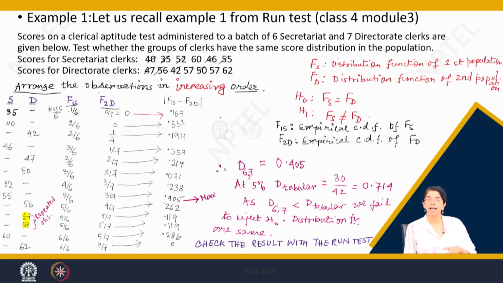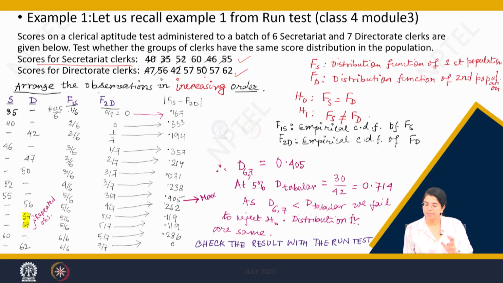Already we have done this problem in our module 3 class. Remember? So these are the observations, the first sample observation 40, 35, 52, 60, 46 and 55, along with the second sample observation, that is directorate clerks.